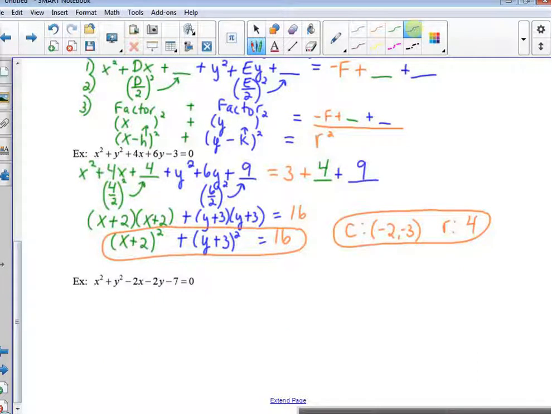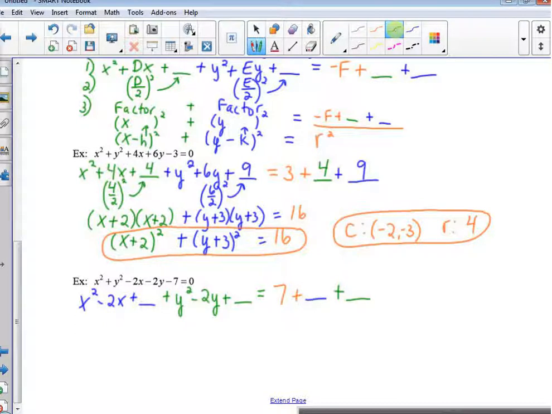So I'm going to go x squared minus 2x plus blank plus y squared minus 2y plus blank equals, I'm going to bring that 7 to the other side and do plus the blue plus the green. I'm going to do the same thing.